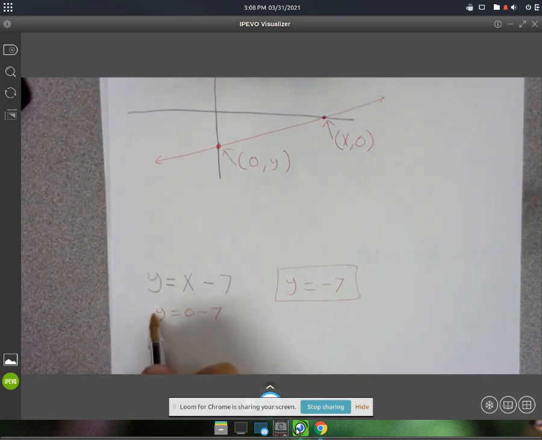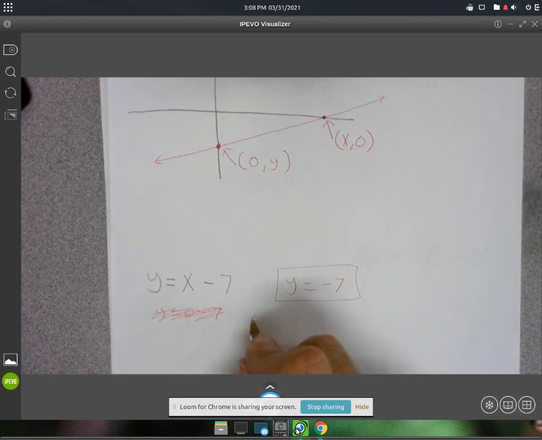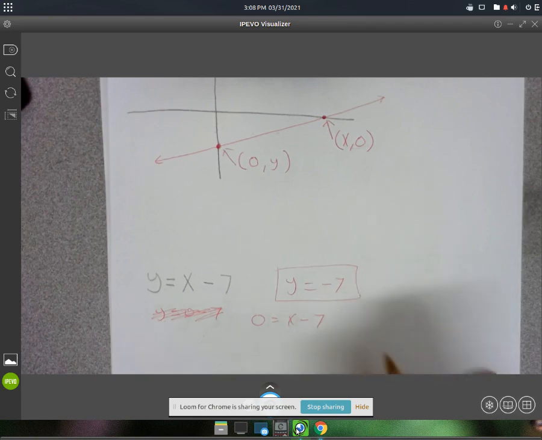If you want to find the x-intercept, you're going to plug in 0 for y, giving 0 = x minus 7, and then solve for x. In this case, you would just add 7 to both sides, and you get 7 is equal to x. That's it. Your y-intercept is negative 7. Your x-intercept is positive 7.